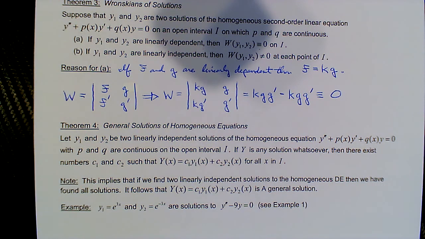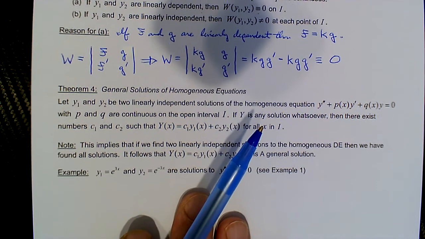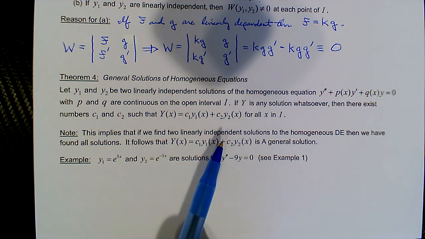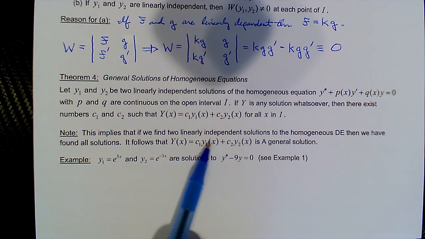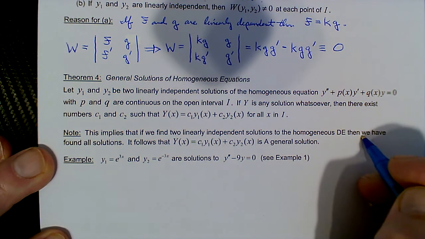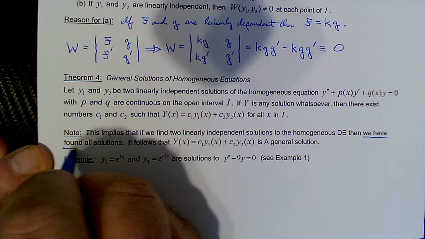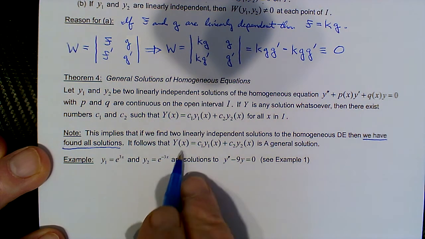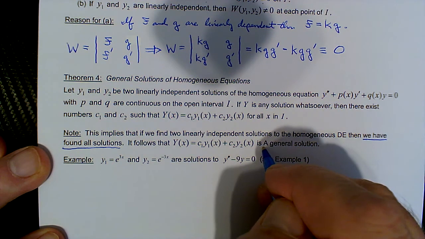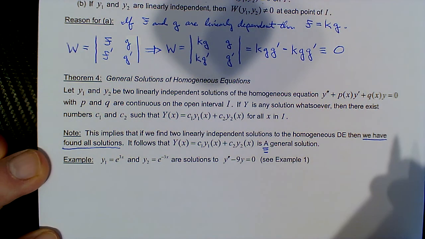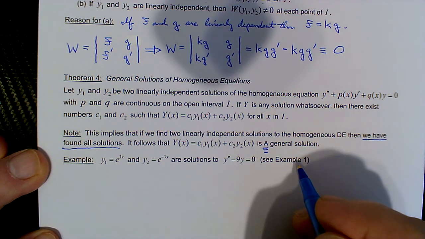So you're thinking it's saying the same thing that the superposition principle did, but it's implying that if we find two linearly independent solutions, then we have found all of the solutions. And we call y of x a general solution. Not the general solution, it's a general solution.